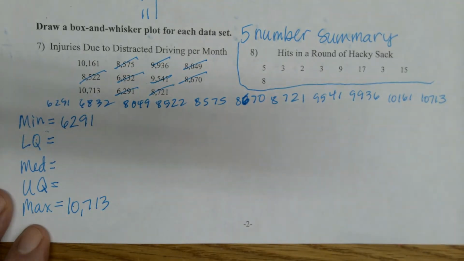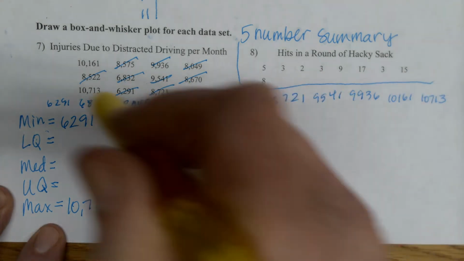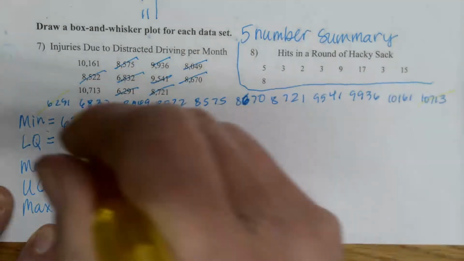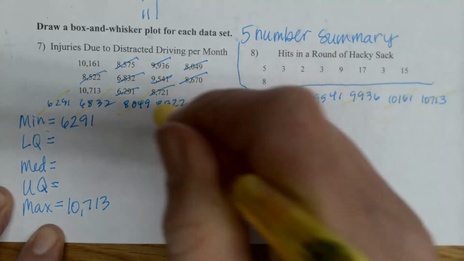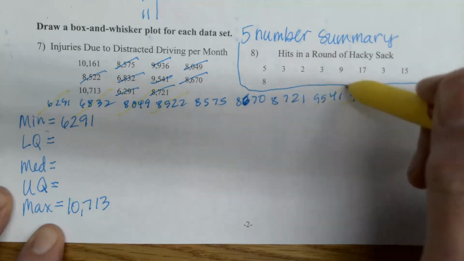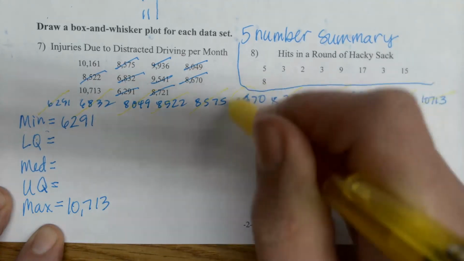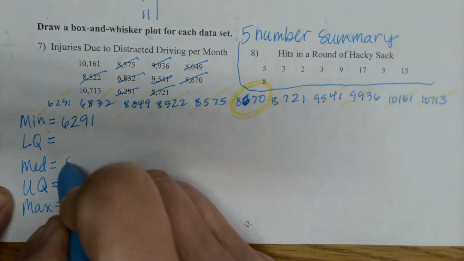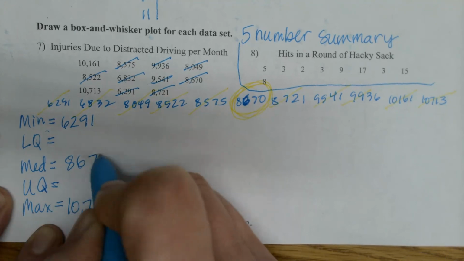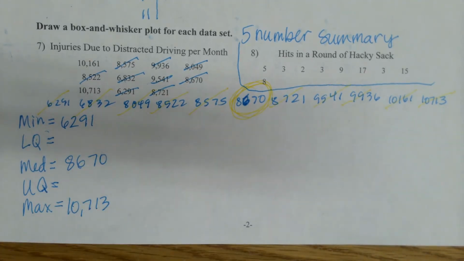Then I'm going to find my median, so I cross off the smallest and the biggest, just like we did before, and keep working my way through until I get to the middle number. I have one middle number, so my middle number is 8,670.